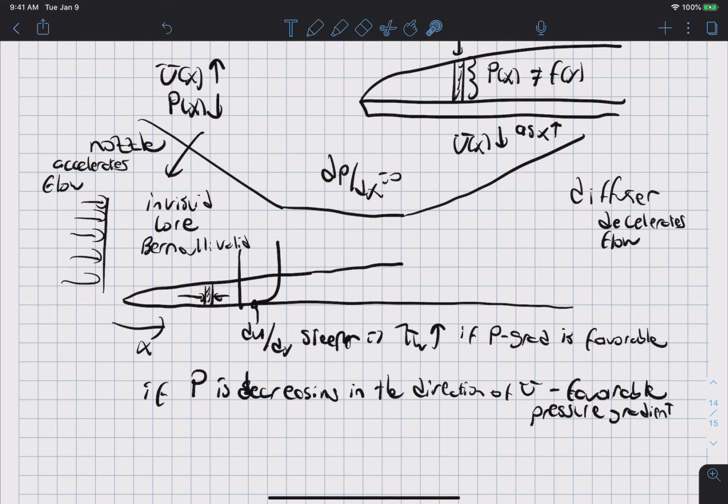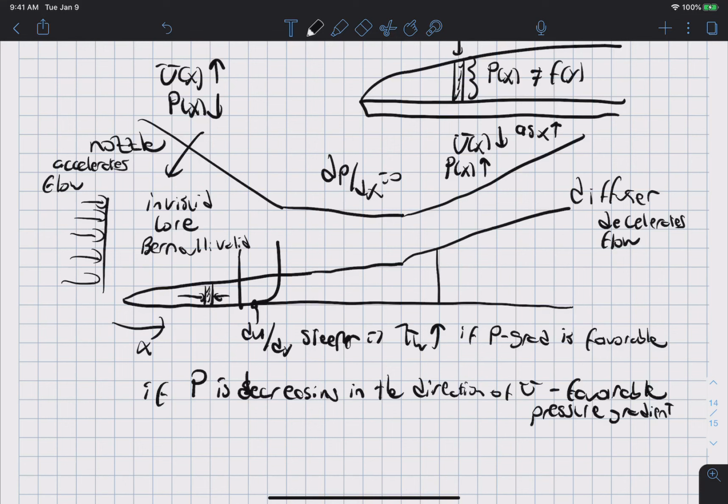Basically, as we go further downstream in this diffuser, the velocity goes down, which means P of x by Bernoulli will increase. And what happens is that actually causes the boundary layer to, in the beginning, grow faster.